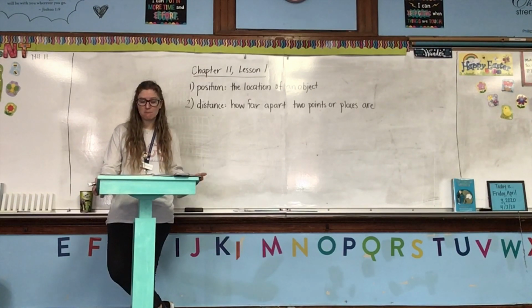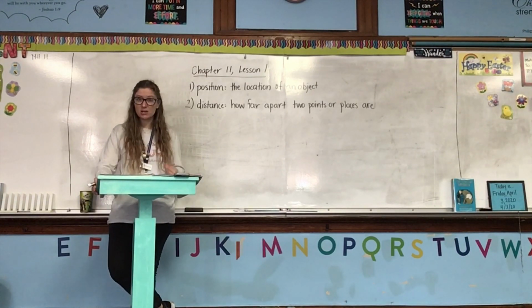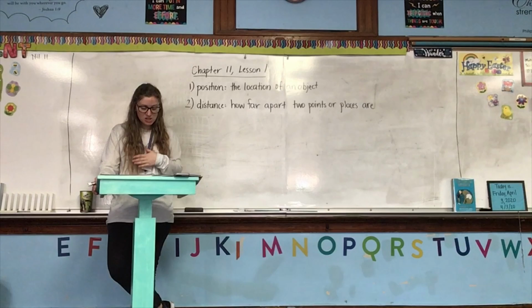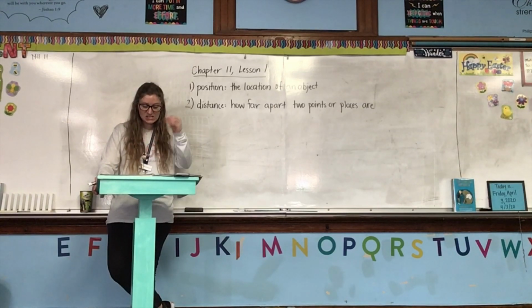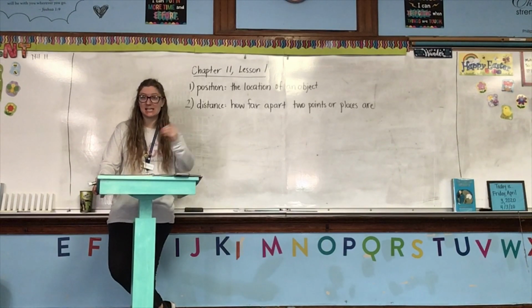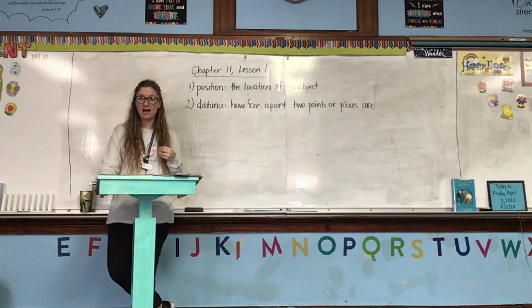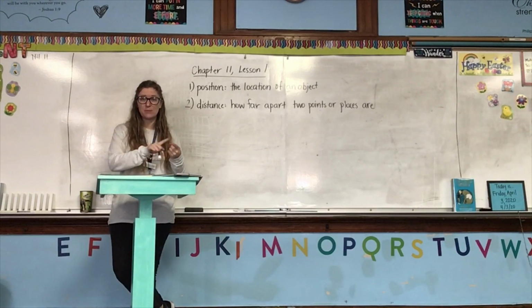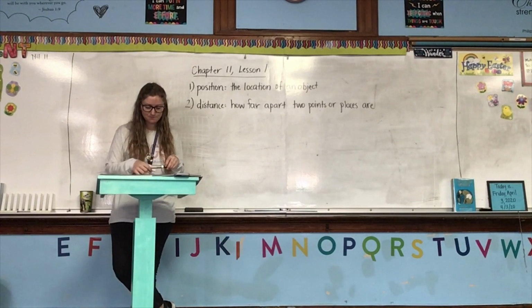Usually you're giving a measurement. Now position would be that northeast. So the position of New York City is north and east of Washington, D.C. Its distance is about 370 kilometers or 230 miles. So those are two different ways to say position and distance.